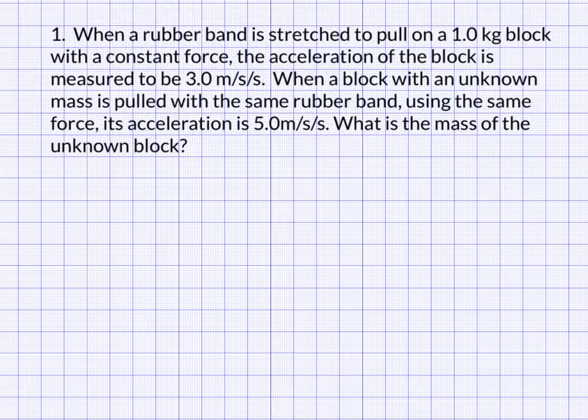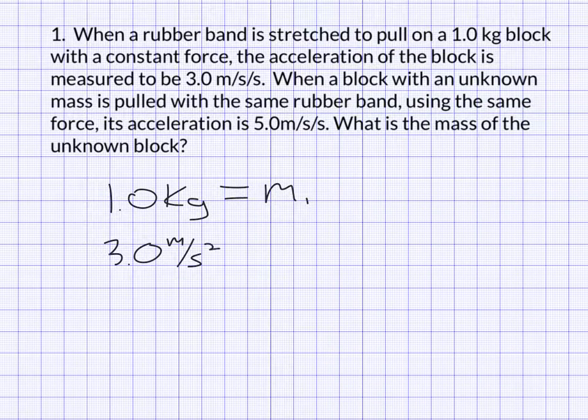So let's write some givens. We have a block. It's 1.0 kilograms. Let's call that block 1, so we'll call that mass 1. And when we stretch on mass 1, we get an acceleration of 3.0 meters per second squared. So we'll call that acceleration 1.